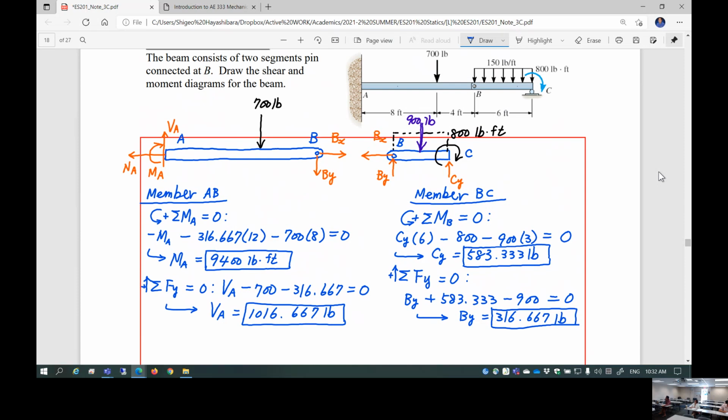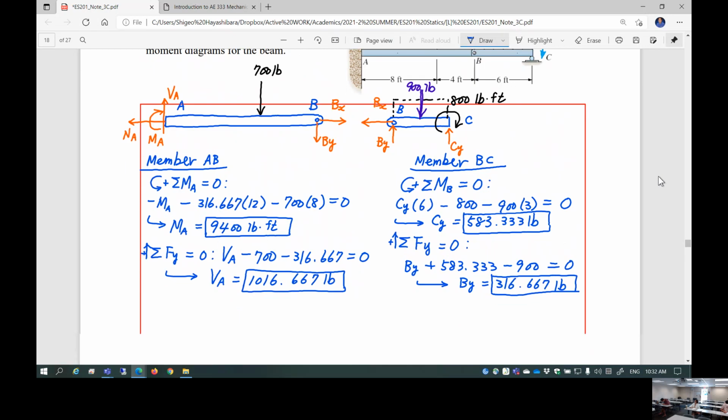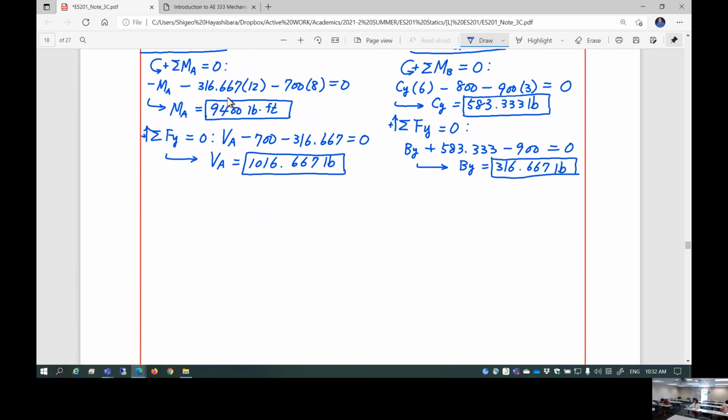So now what I'm going to do, I'm going to assemble at the pin B, construct the entire beam. As I assemble at the point B, Bx, By disappear. Okay? So I'm going to redraw free body diagram and assemblage. This is assembled free body diagram with all the reaction forces known.